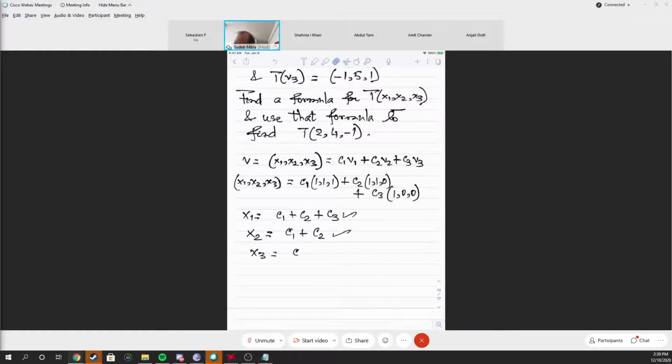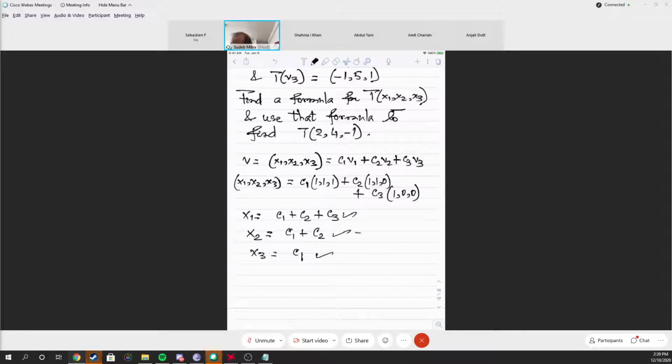That's a typo. Bad typo. x3 is C1. Now I'm happy. x3 is C1 times 1, then C2 times 0, and C3 times 0. So that's also correct.